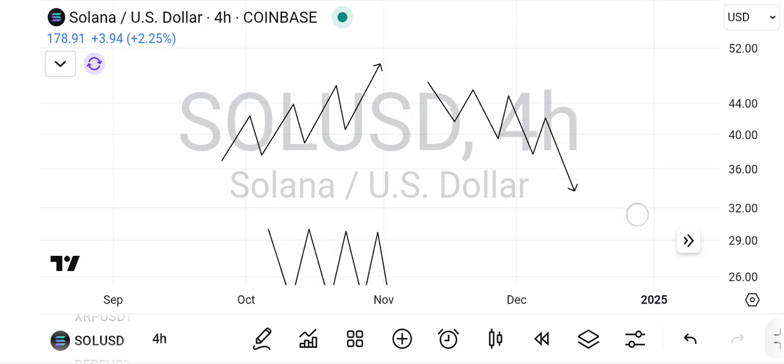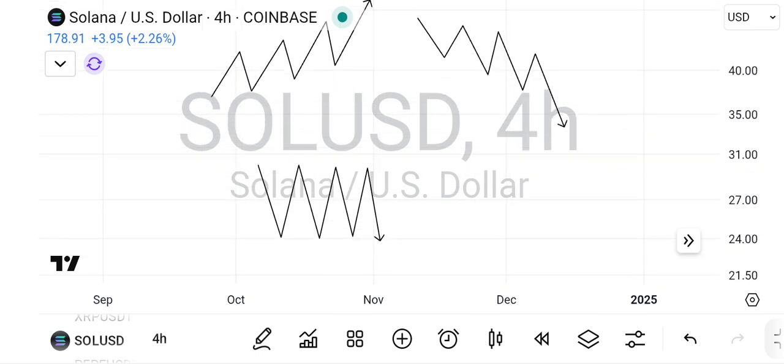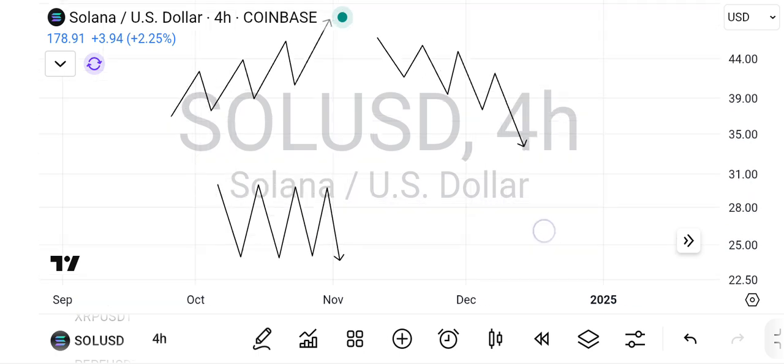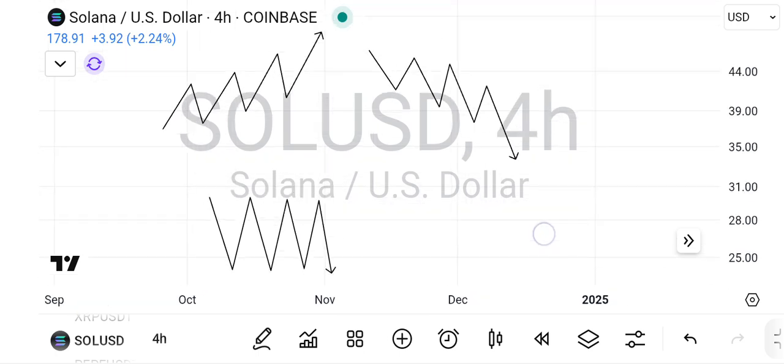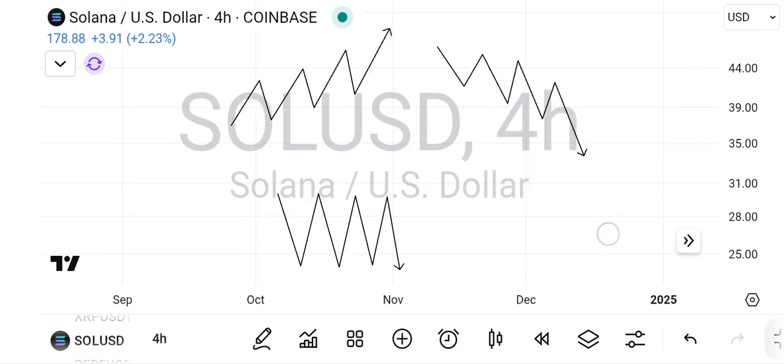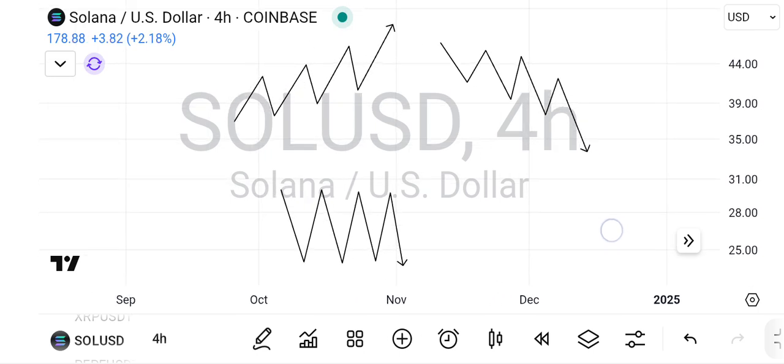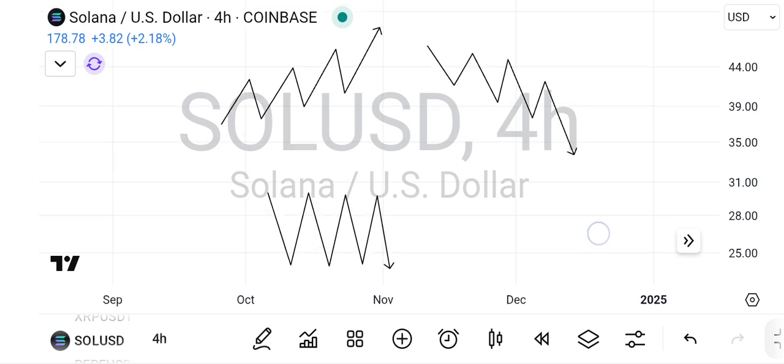These are the three phases of market movement. It doesn't matter if we're in crypto or forex, or any other thing you trade. Might be synthetic, whatever it is. We have three phases.